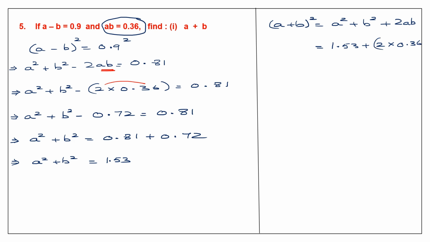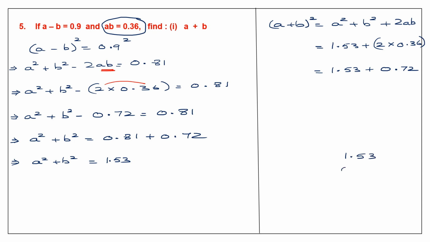So we have this 0.36 here. So this is 1.53 plus, now we did this multiplication, 0.36 into 2, we have done it here also. So that is 0.72.